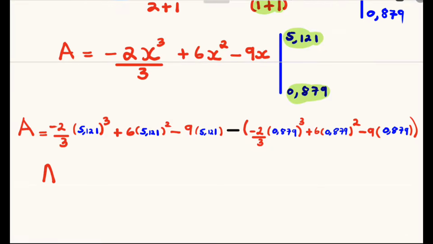Our A will be equal to, we start with the part which has 5.121, and then we determine also the part which has 0.879.